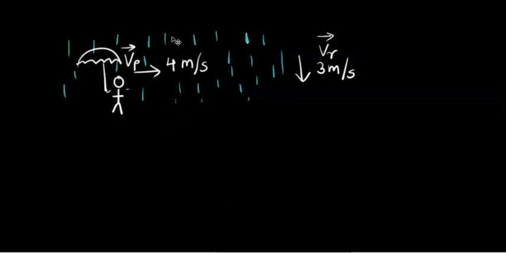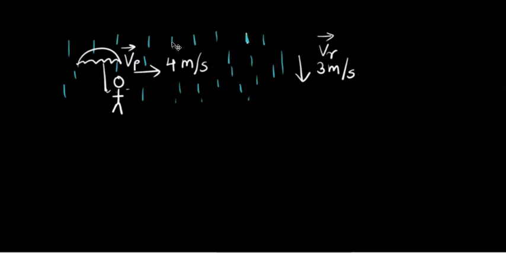You can see this raindrop will move downwards because it already has this vertically downward speed, and it will also move towards the man with respect to the man, because this person will see the raindrop coming towards him with a speed of 4 meter per second. So for this person, the raindrop is not only moving vertically downwards but also in the left direction. It will come in this direction and hit him and wet that person.